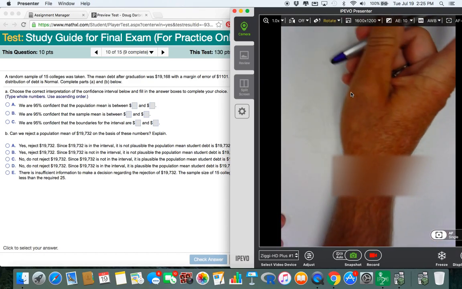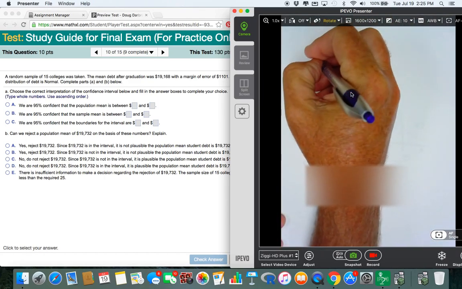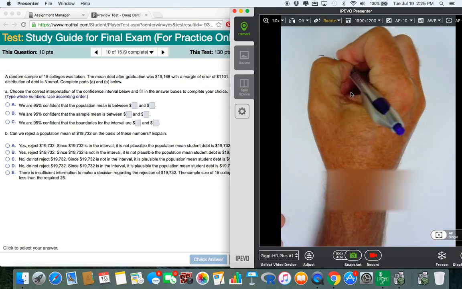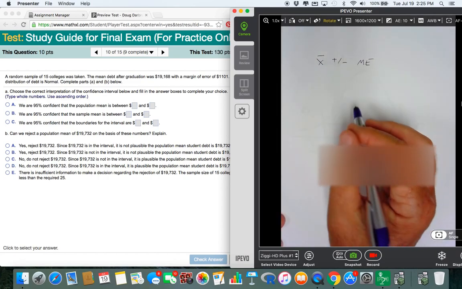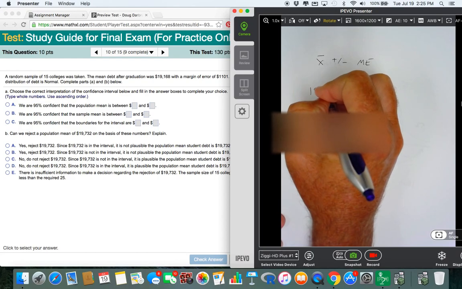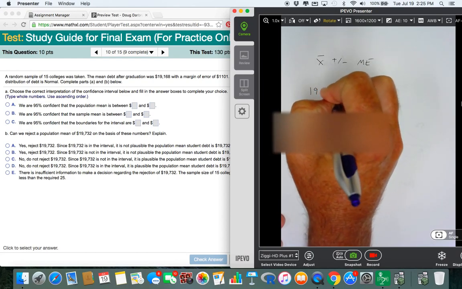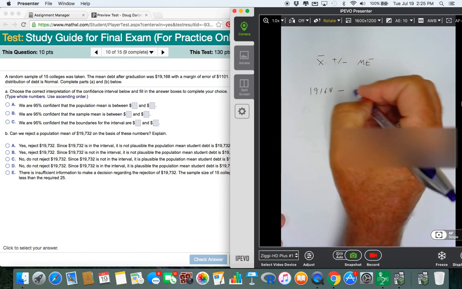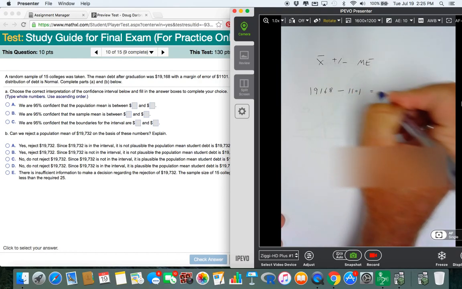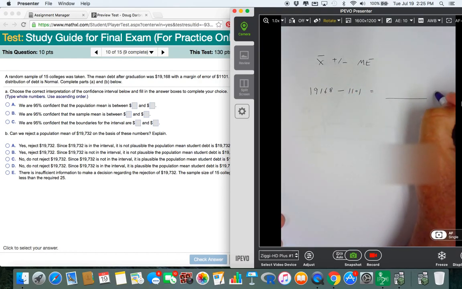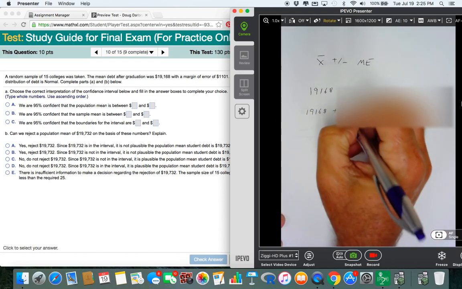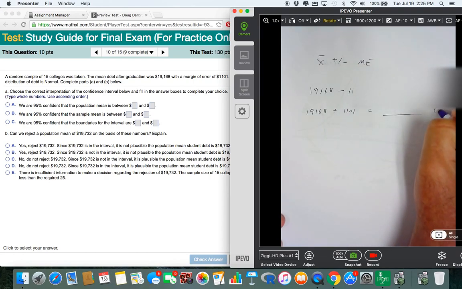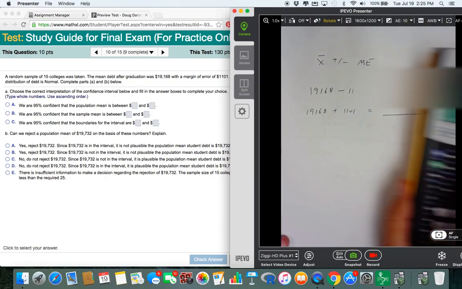So if you take your sample mean, you can find your confidence interval just taking plus or minus the margin of error. So I can take 19,168 minus the margin of error to get the left bound, and 19,168 plus the margin of error to get the right bound.